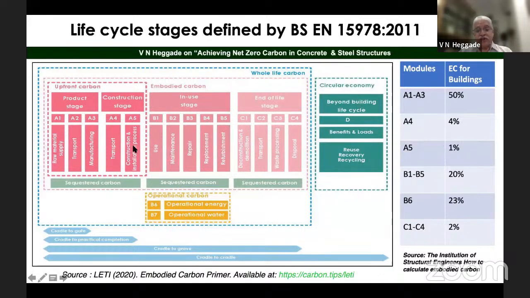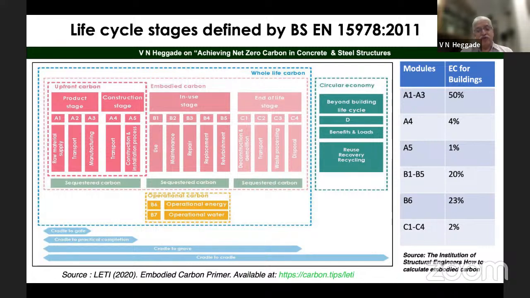It's also defined by the boundary systems, what we can call cradle to gate. Up to the product stage, cement is produced, steel is produced. That is what is called the cradle to gate, up to the production stage. After that, the construction takes place. Cement has to be transported from the factory to the location of the construction.